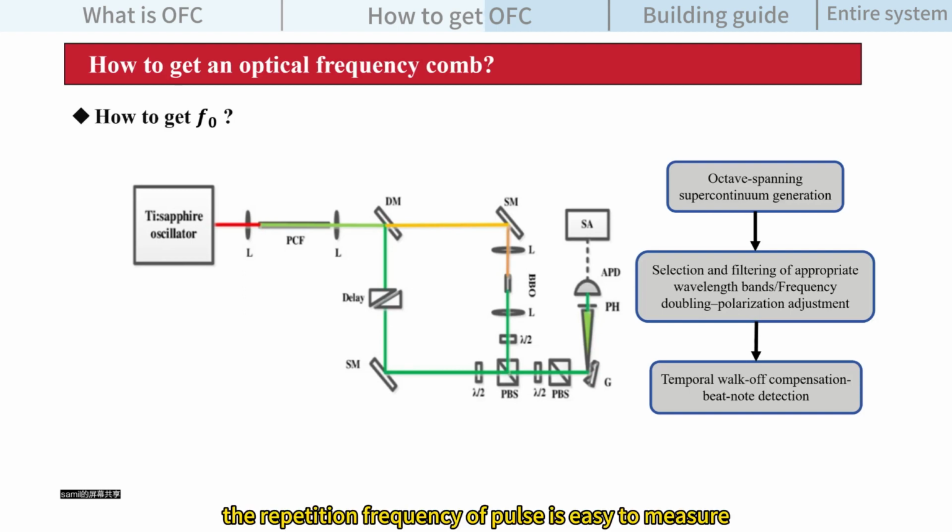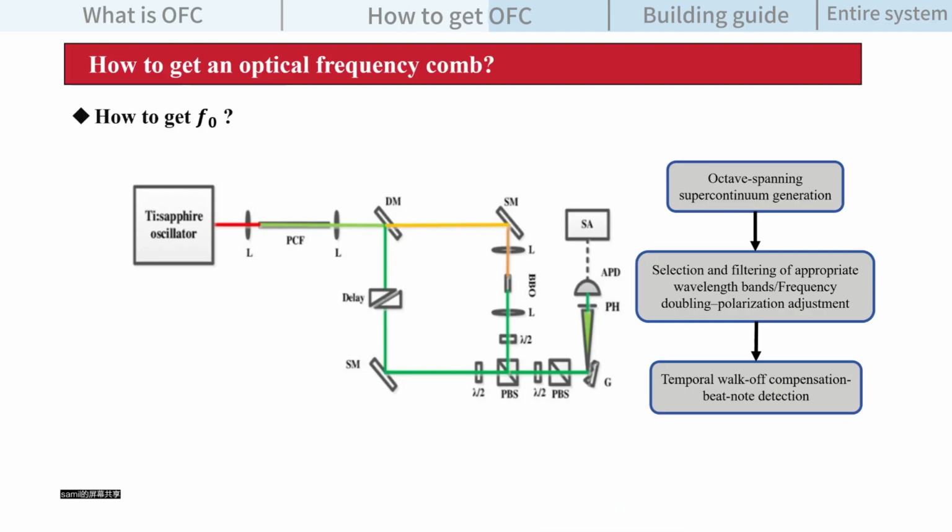The repetition frequency of the pulse is easy to measure. We can measure the time of the pulse. But the carrier envelope offset frequency cannot be measured directly. So this made it hard to actually build an optical frequency comb at first.